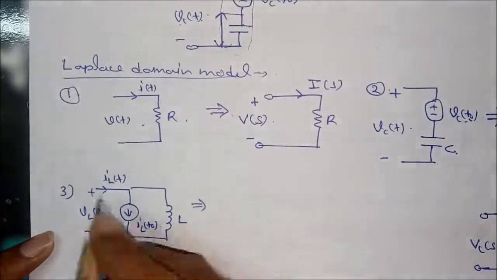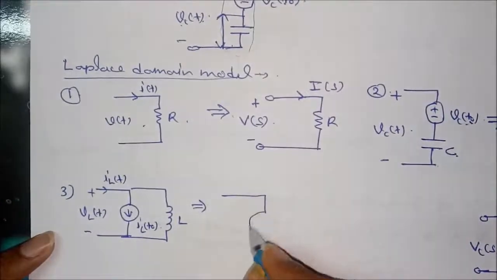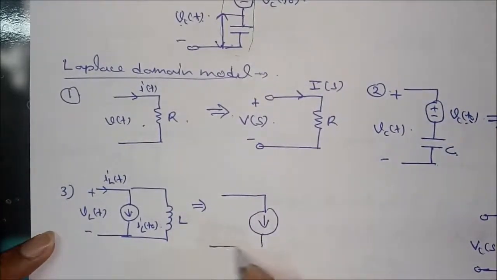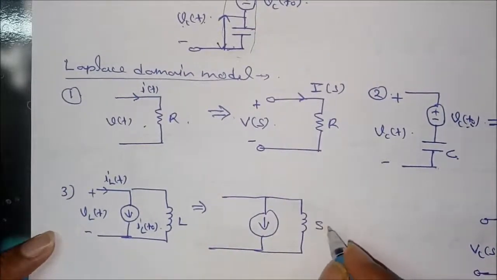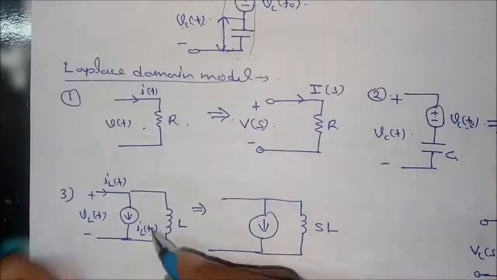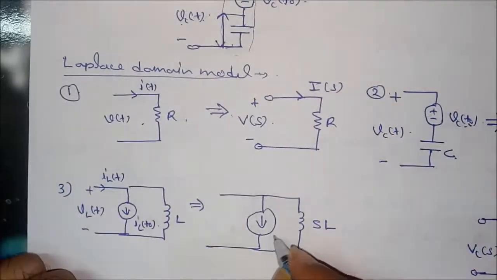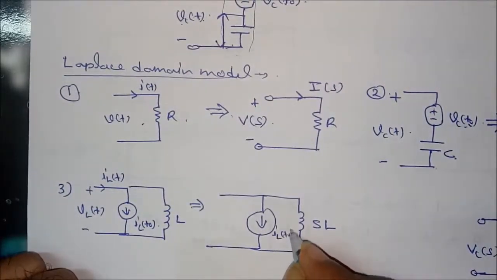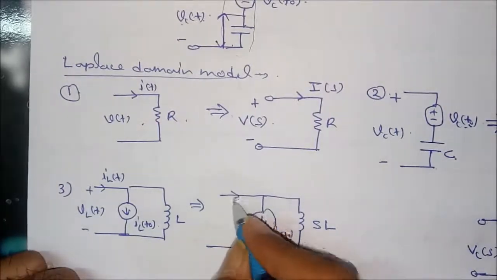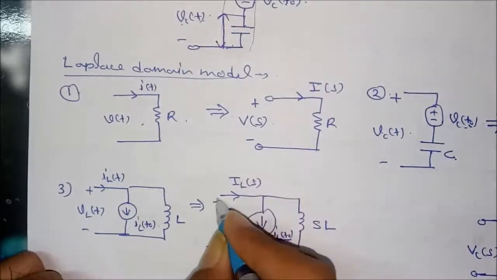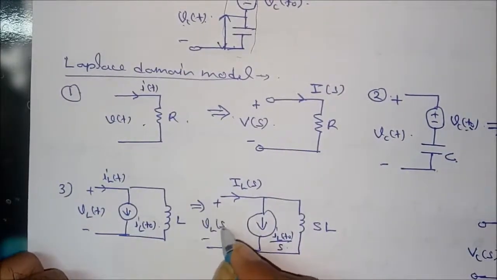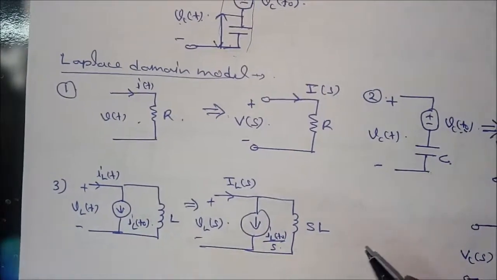Then its Laplace domain model: exactly the same procedure will be done. L is represented as SL, and this is a constant current, represented as I_L(t naught) divided by S. This one is I_L(s), and this one is V_L(s).